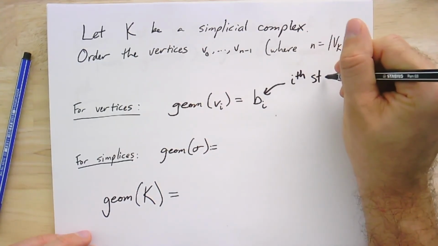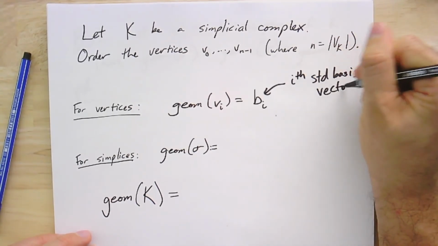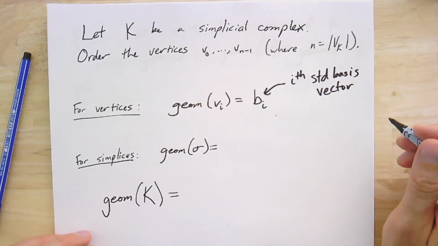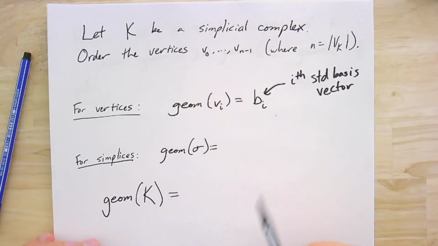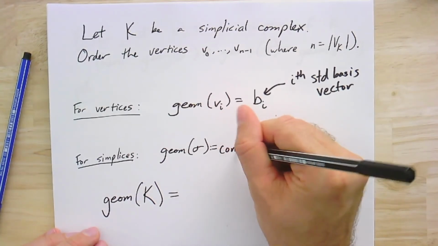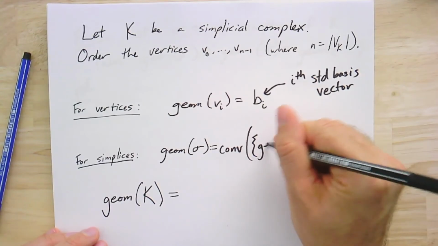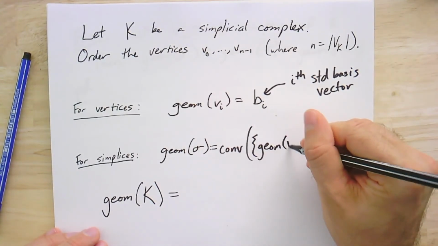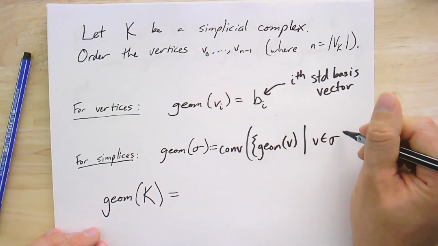So the ith standard basis vector. It's all zeros except for the ith coordinate, which is a 1. And for a simplex, it's going to be the convex closure of its vertices. So in other words, it's the convex closure of this set of points, geom v for v in sigma.